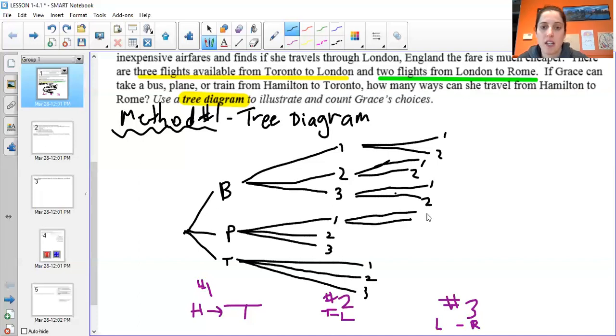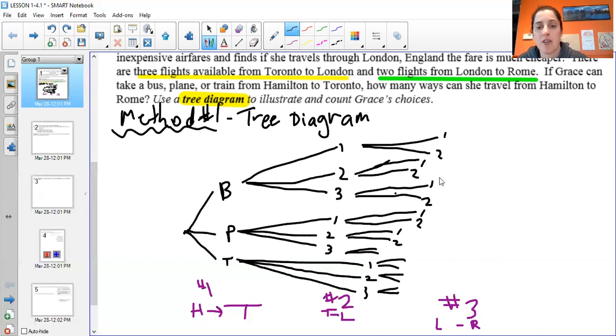So even if I did, let's say plane, flight 1, all of these have branching out. And I'm just going to draw 2 just to speed things up here, okay?